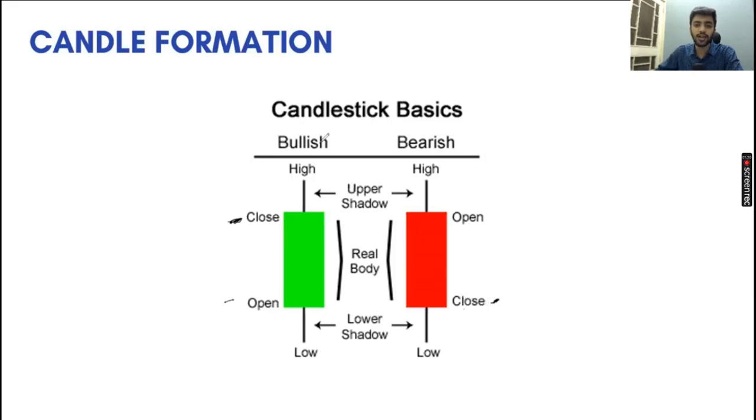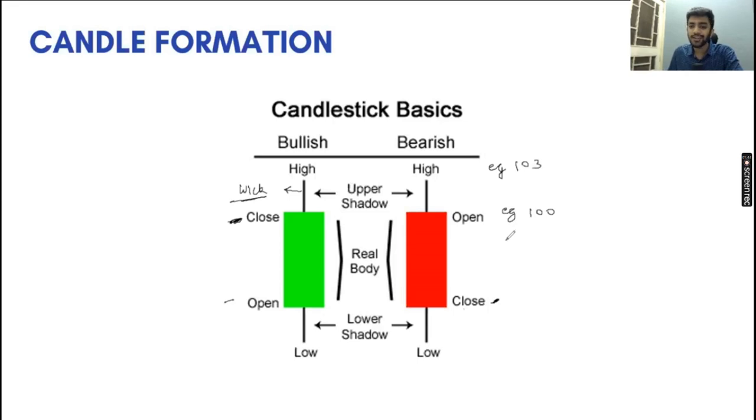This is also called a shadow, which is also called a wick. So wick and shadow are both the same thing. What is this signifying? For example, the price opened at 100. In the intraday, there are a lot of players that keep on buying and keep on selling, which take the price to a high of, for example, 103 rupees.